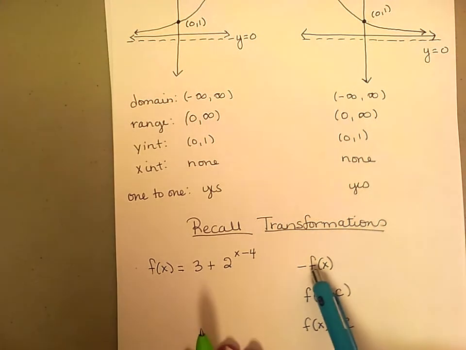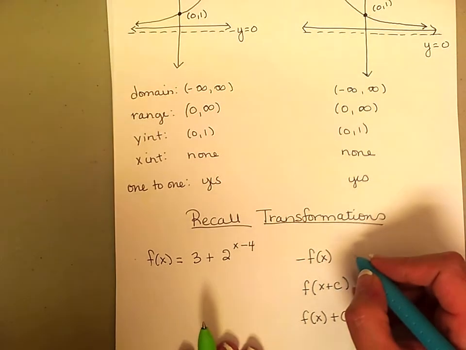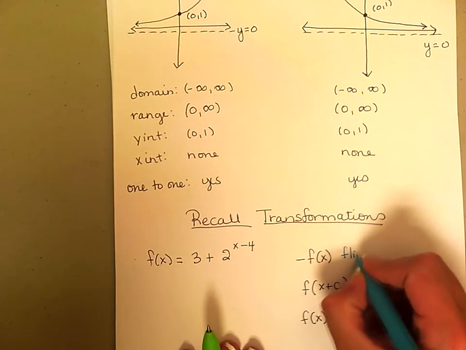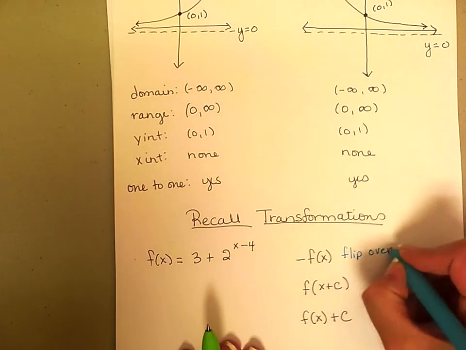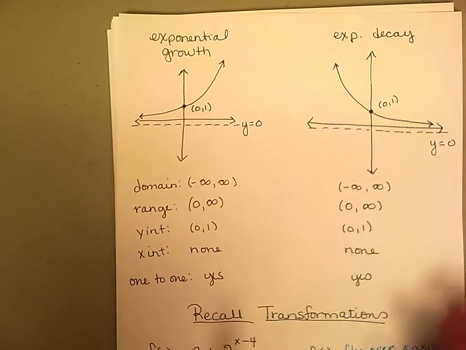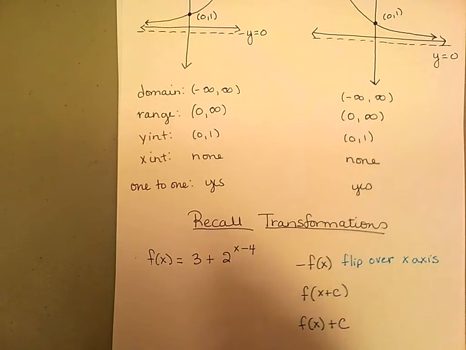So if you have a function and you take all the y values and make them negative, then this will be a flip over the x-axis. Everything that was up here in a y will now come below.